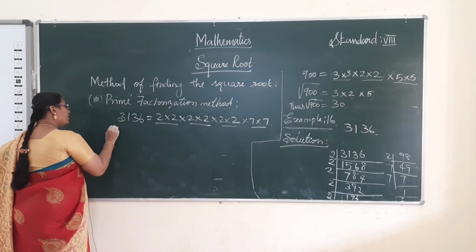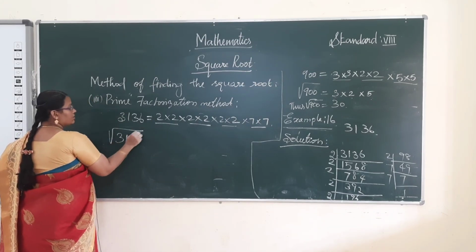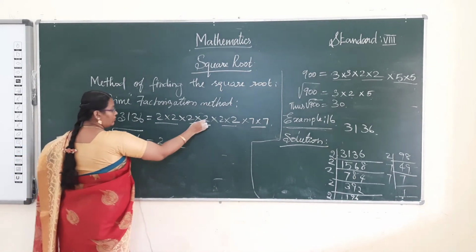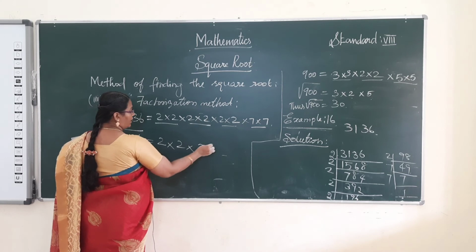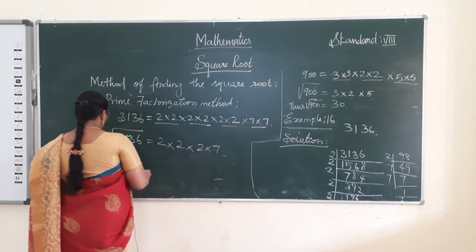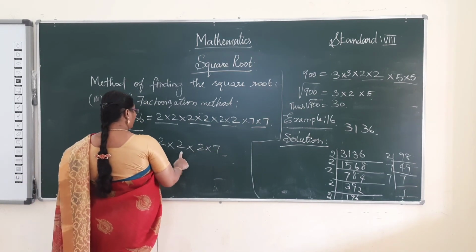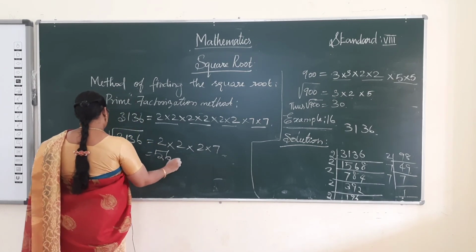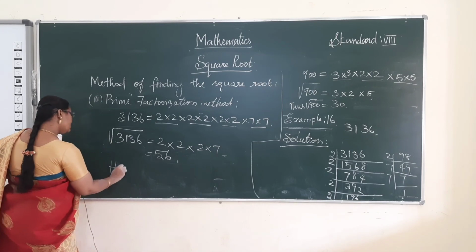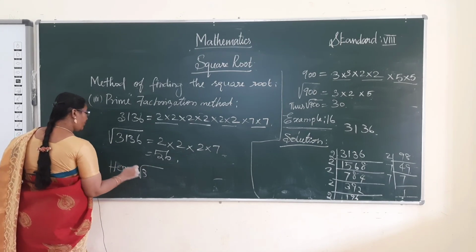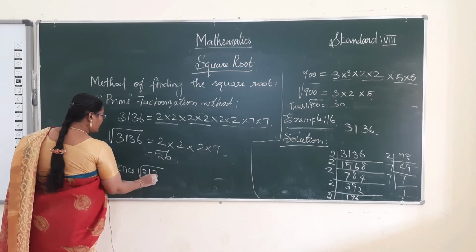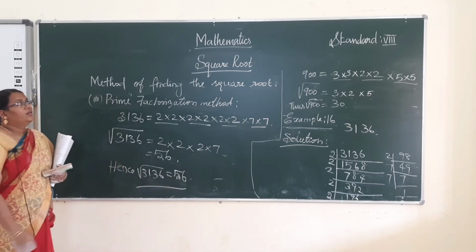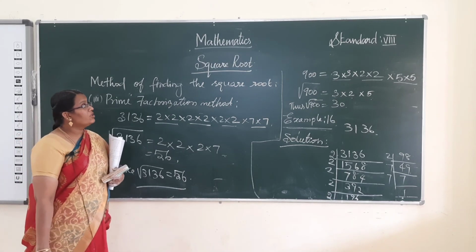Now find out the square root of 3136. We get the single values 2, 2, 2, and 7. 4, 4 twos are 8, 8 sevens are 56. Hence the square root of 3136 is equal to 56.